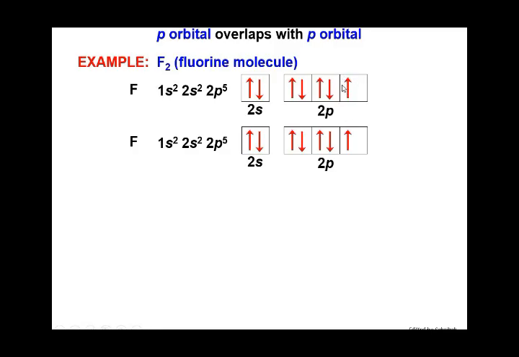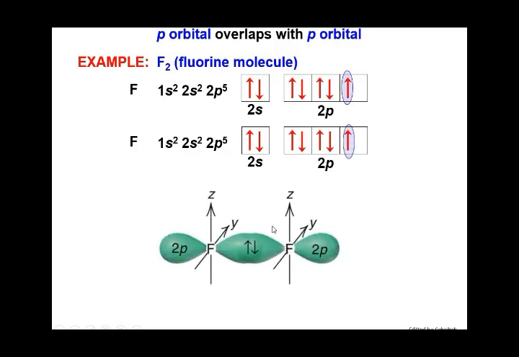To form a fluorine molecule, one electron from one fluorine will overlap with one electron in the other fluorine atom, and the overlap consists of p orbital with p orbital, and the shape is dumbbell. Opposite spin, and that produces a sigma bond.